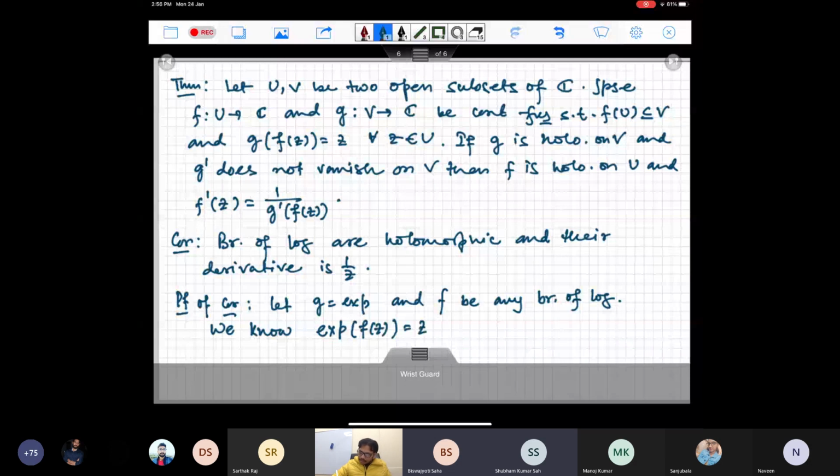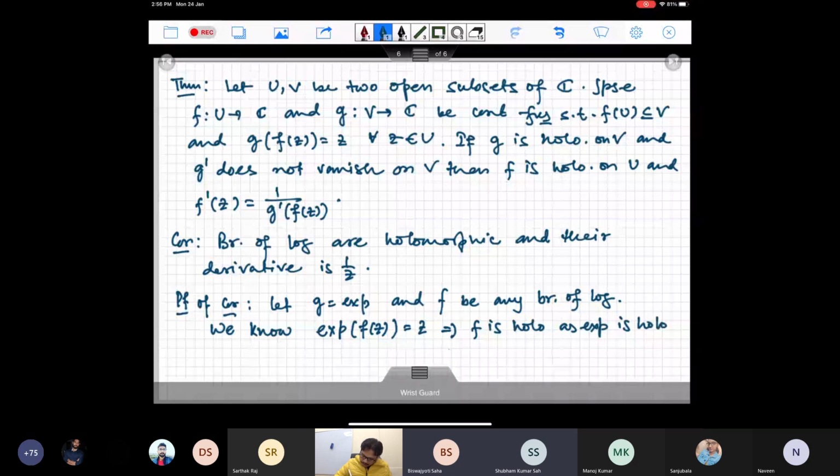That implies that f is holomorphic, as we already know the exponential is holomorphic and non-vanishing. Here the g' needs to be non-vanishing, but if you take the exponential function, its derivative is itself, so the exponential is holomorphic and non-vanishing, and therefore g is holomorphic.